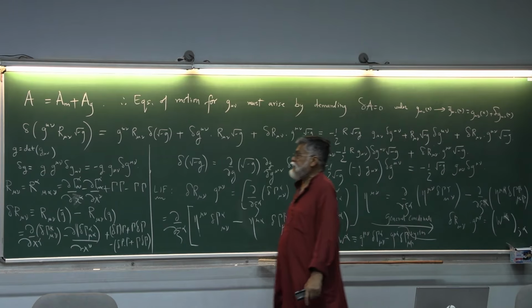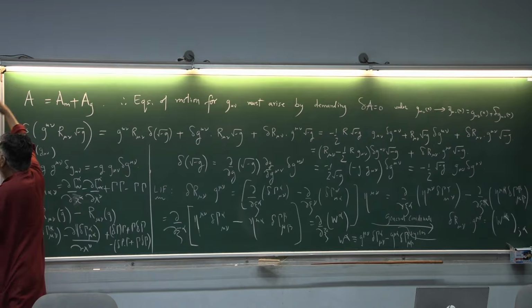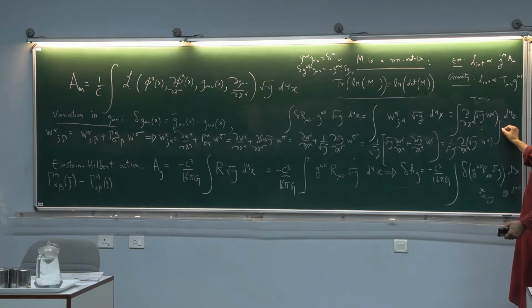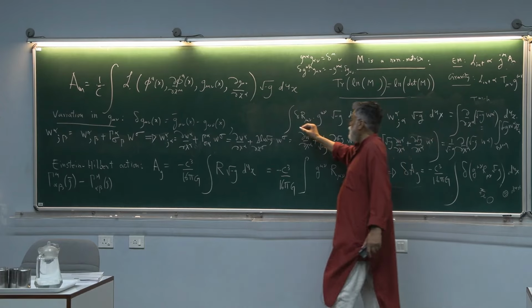So I use Gauss's theorem, which tells me that this 4-volume integral will be nothing but root minus g W alpha d sigma alpha, where d sigma alpha is the 3-hypersurface area element, over the infinite 3-dimensional boundary, where W alpha is 0. Therefore this whole quantity goes to 0.